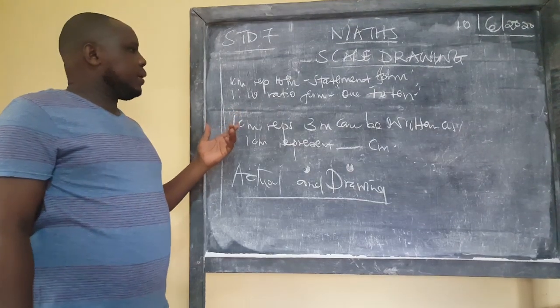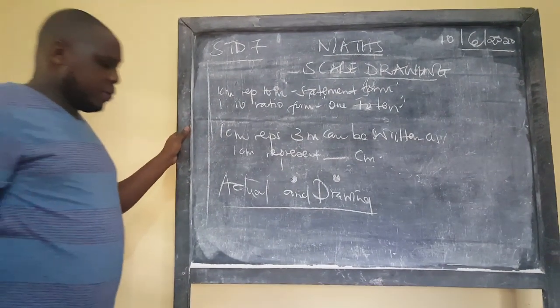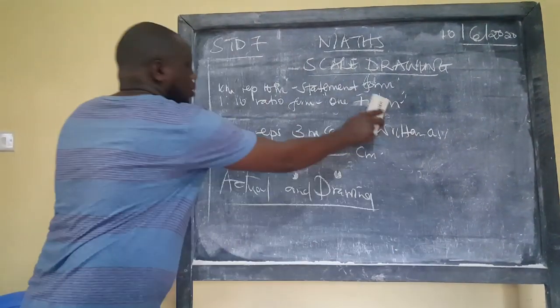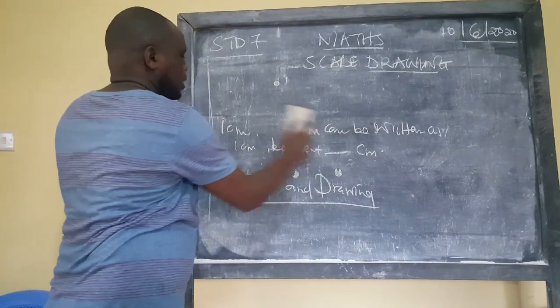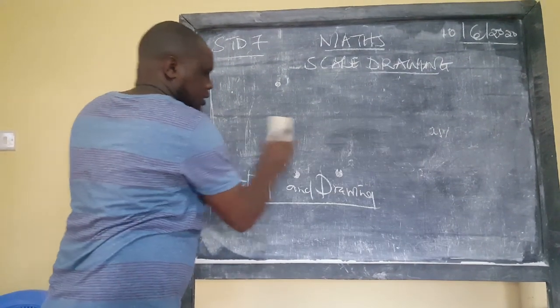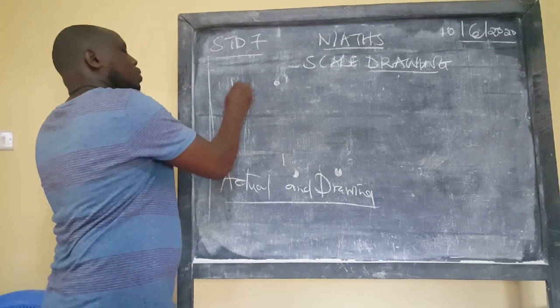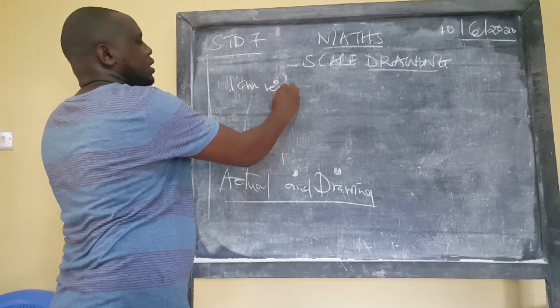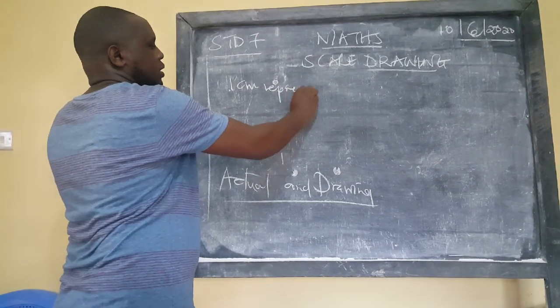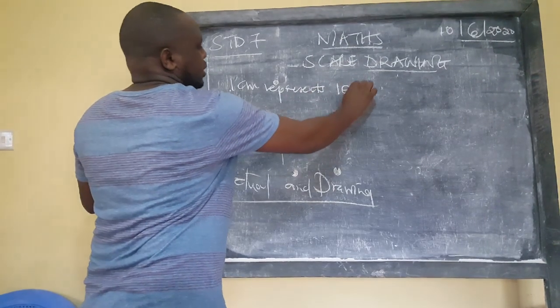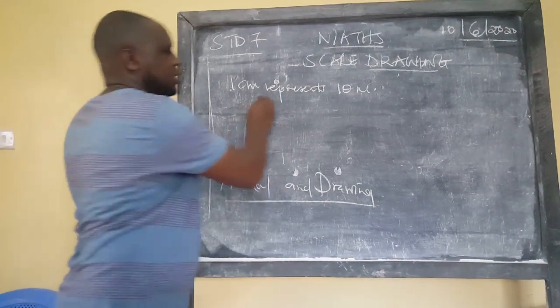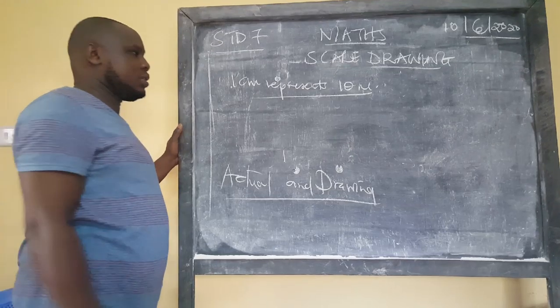Now what we mean by a statement scale is where you see something written like this: 1 centimeter represents 10 meters. This is what we call a statement scale, in statement form.